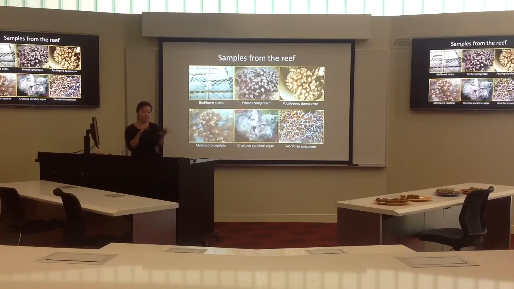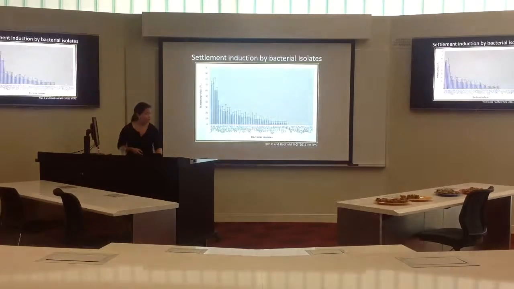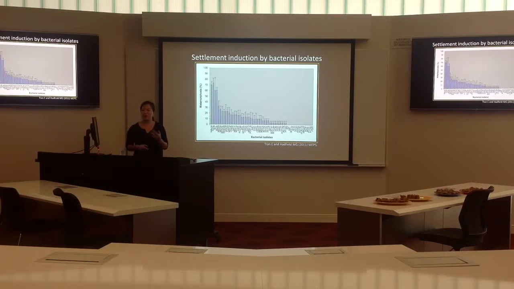And that creates a single layer of marine bacteria consisting of just that one species. And with that, I was also able to identify these different bacterial isolates by sequencing their 16S rRNA gene as well. So here are the results for those settlement experiments.